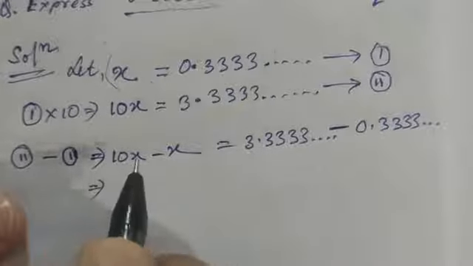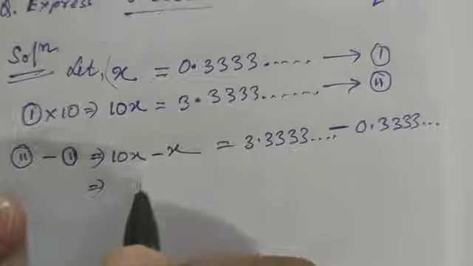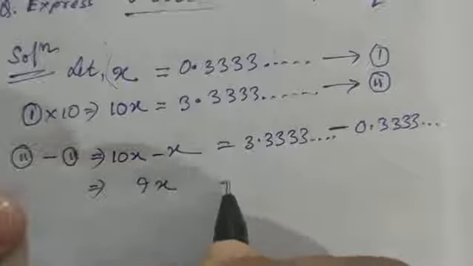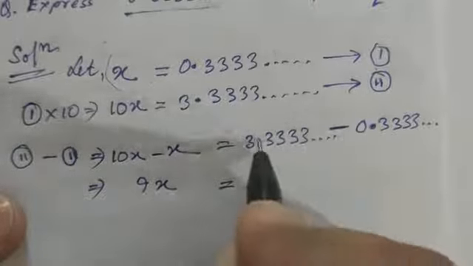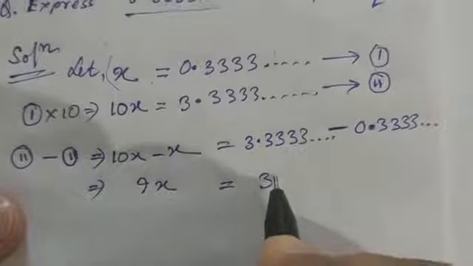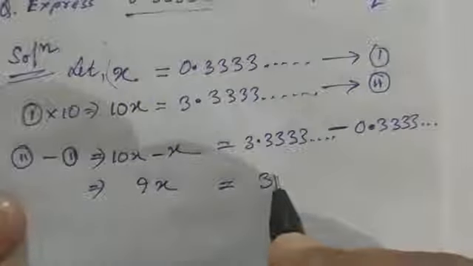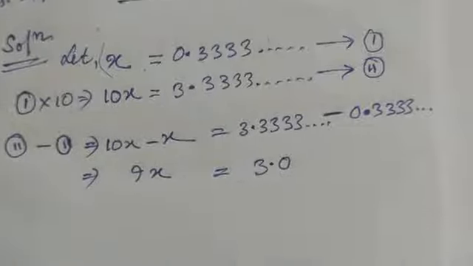What will you get? Yes, 10 times x minus x will give you 9 times x. Then from here to here, if you subtract it, it will give you 3.0. You need not write the 0. In this line we will write 3.